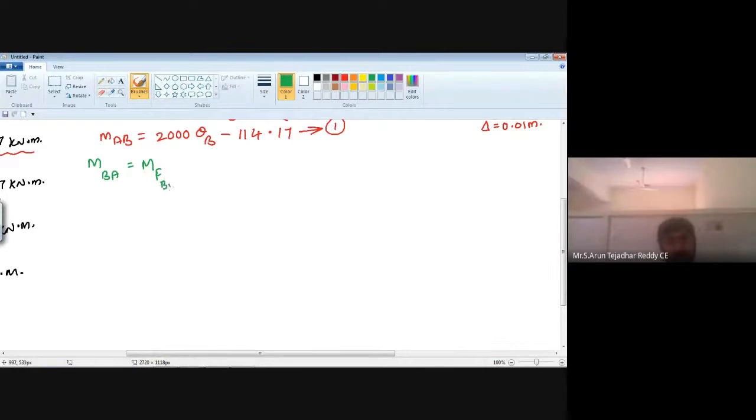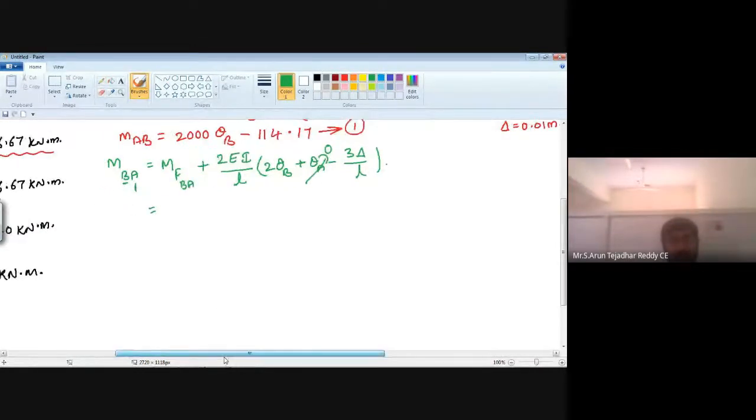So MFBA plus 2EI by L into, here the first term is B, so twice theta B, second term is A, so plus theta A minus 3 delta by L. Here theta A is 0 because that is fixed. There is no change.